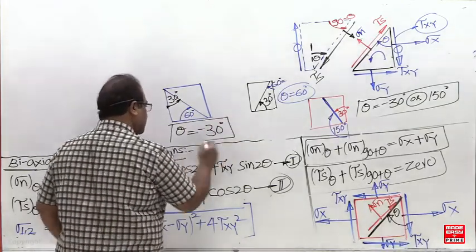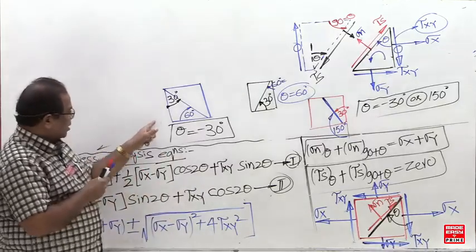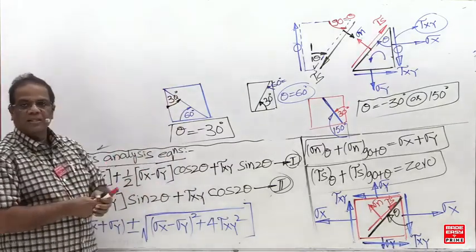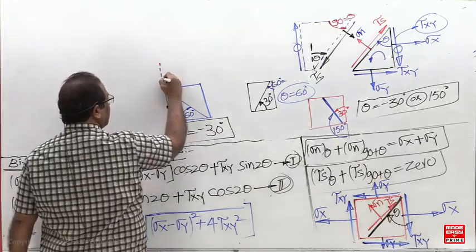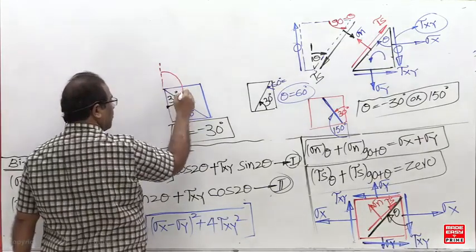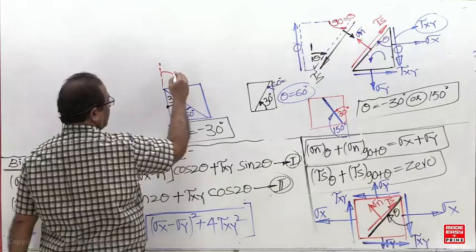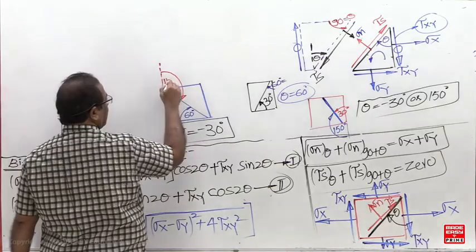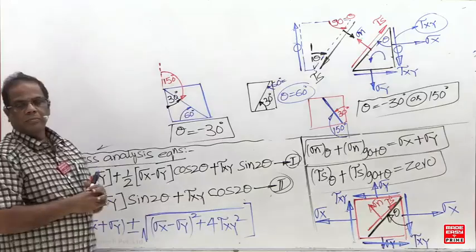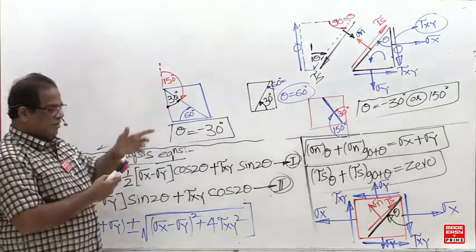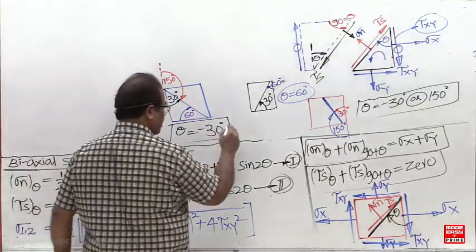Minus 30, because anti-clockwise. Otherwise, if you want to measure in the clockwise direction, you can substitute 150.